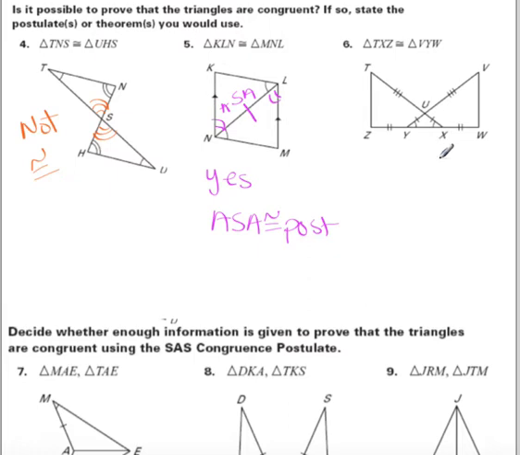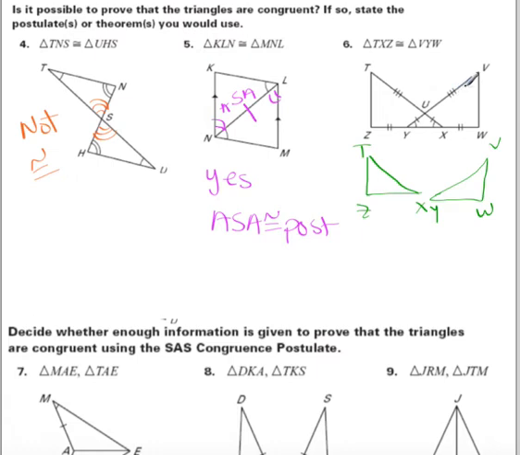The third one here has some overlapping triangles. They share this little segment from Y to X. It's important to notice that. I like to draw them separately a lot of the times to help myself visualize what's happening. So triangle TZX, sorry, picture's not very good, and that would be YWV right there.